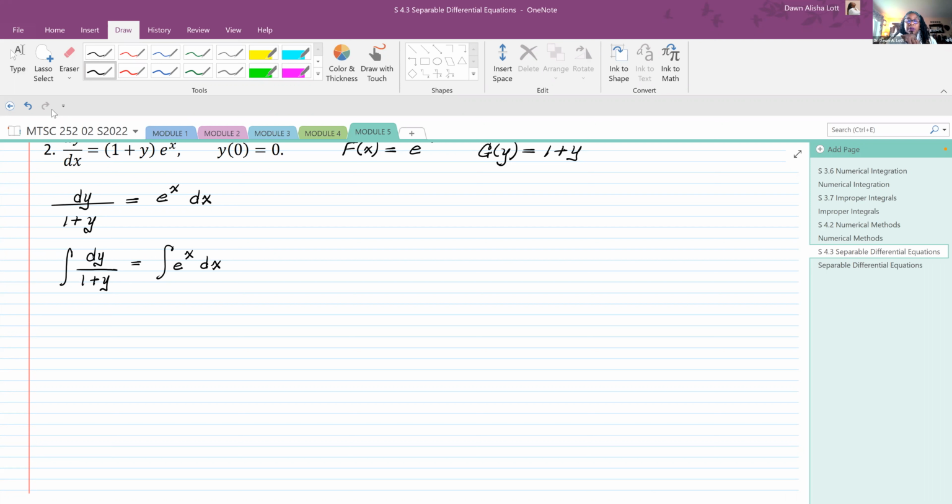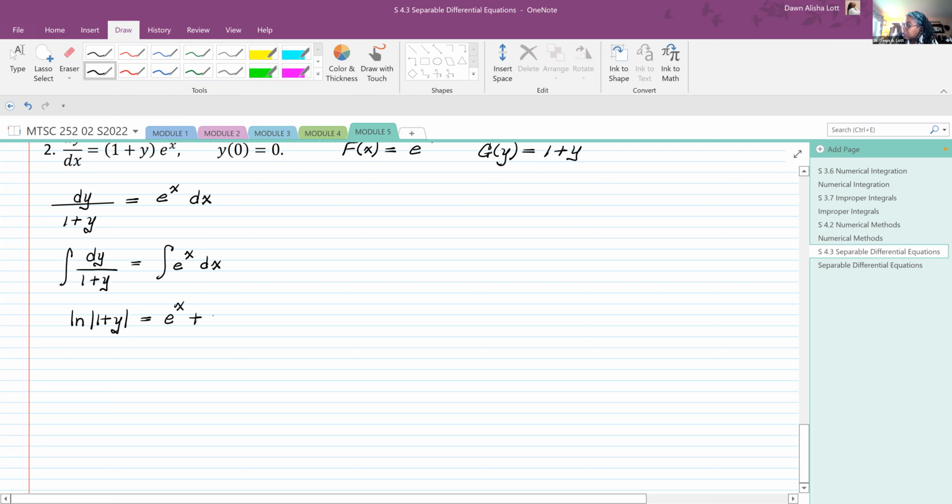We've seen terms like this in partial fractions. We can integrate it. It's just a natural log of the absolute value of 1 plus y. On the right-hand side, I'm going to integrate it so I get e to the x plus a constant. So this is the general solution.